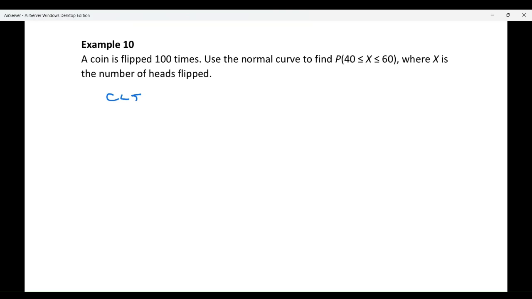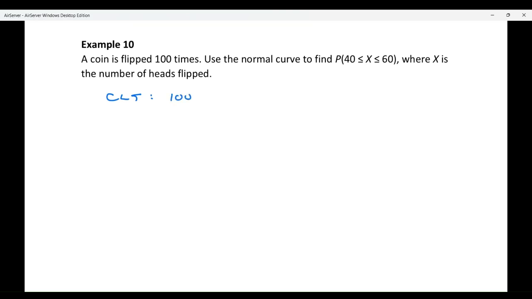So first of all, in order to be binomial, we would have to check those four conditions. We're flipping a coin. Are there only two outcomes? Yes. Are the trials independent? Do we have a fixed number of trials? And does each trial have the same probability? All four of those check in this case. So then the next question is, it's binomial, can I now apply a normal distribution? We check that through the CLT, which says yes, we can if n times p is greater than or equal to 10 and n times 1 minus p is greater than or equal to 10.